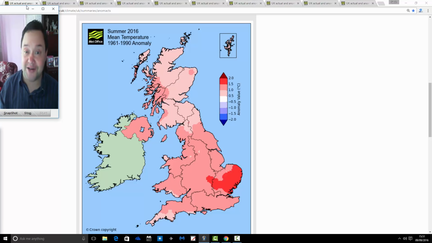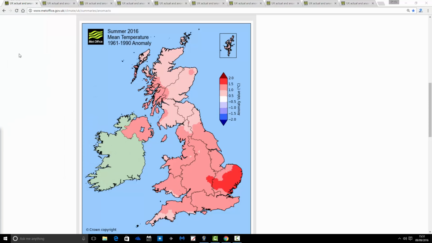So we're going to start off with the summer 2016 mean temperature anomalies for 61 to 1990. And you can see what happened is that it was a warmer than average summer right the way across the country. So for Scotland down into Northern England, it was slightly warmer than average. Northern Ireland, most of England and Wales came out really quite warm, up to around a degree or more above average.